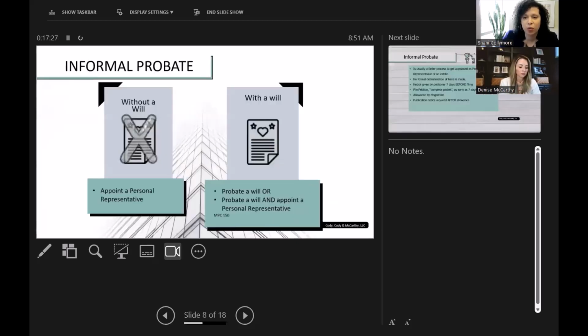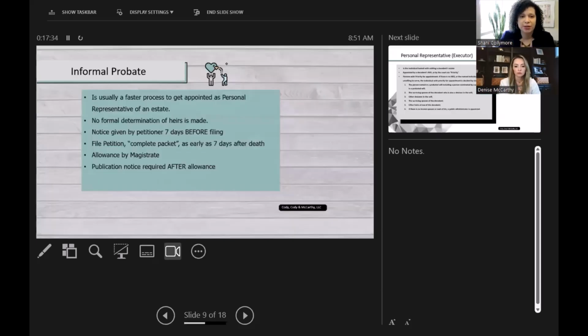Then in the informal process, you also can file with or without a will, just like in the formal process. It's a little bit faster to get appointed as the personal representative. There's no formal determination of heirs. Now, that formal determination thing is going to be important if there's real estate.